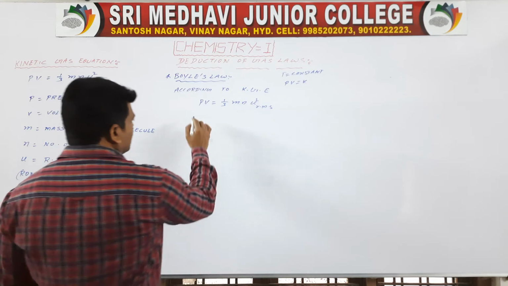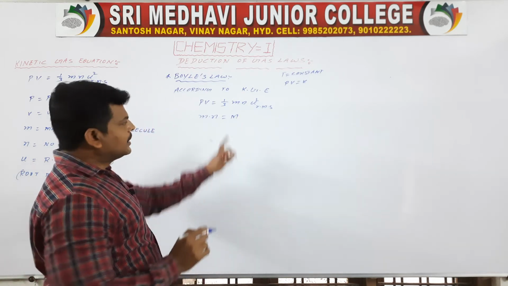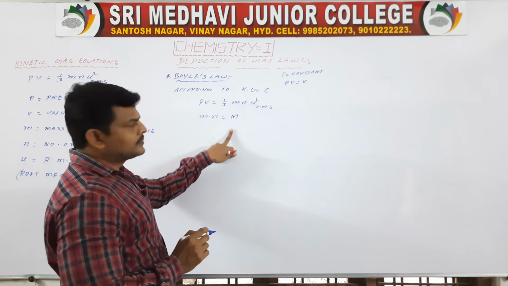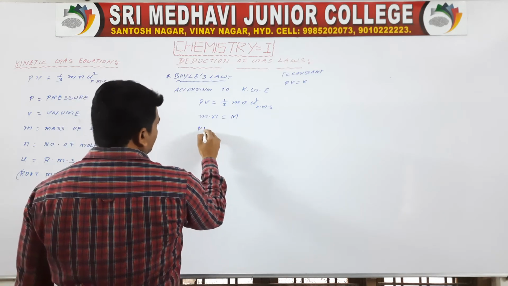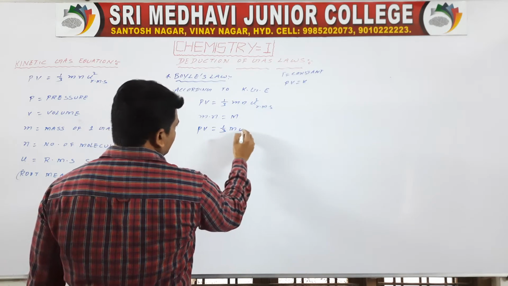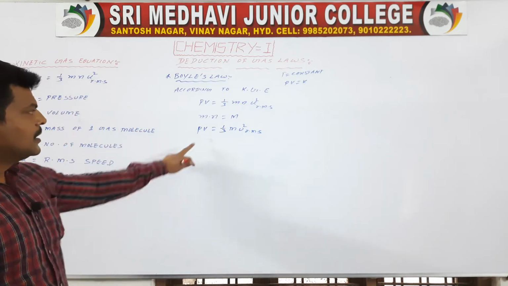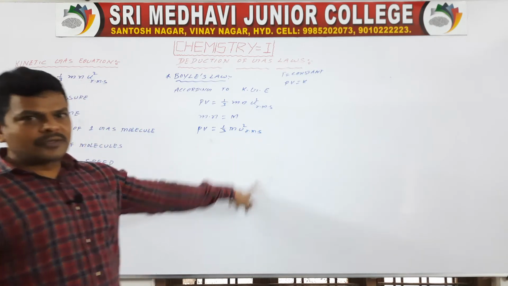The product of m into n equal to capital M, I am taking, is nothing but the molar mass. So then PV equal to 1 by 3 M u square RMS.